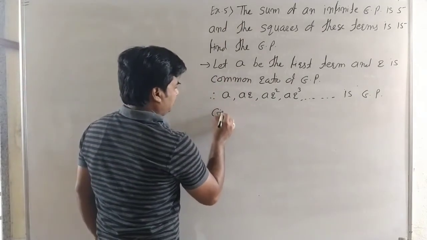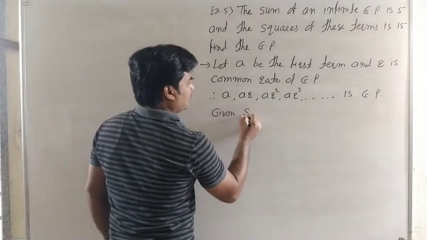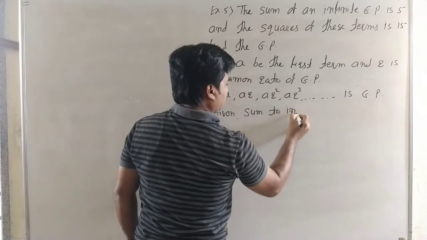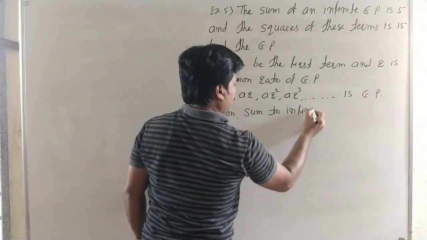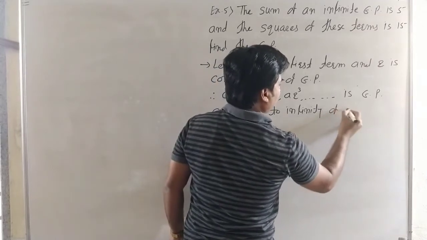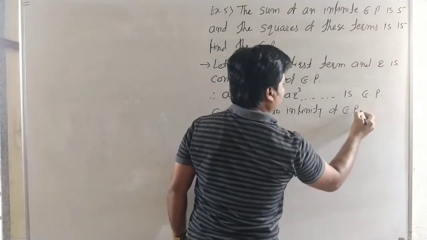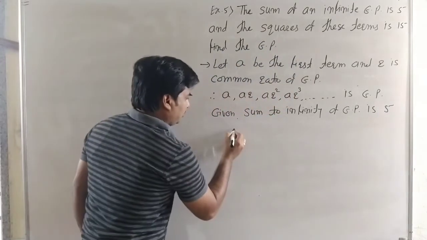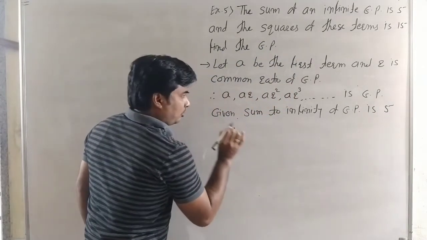And here given that the sum to infinity of the GP, that is geometric progression, is 5, and therefore we can write the formula for the sum.